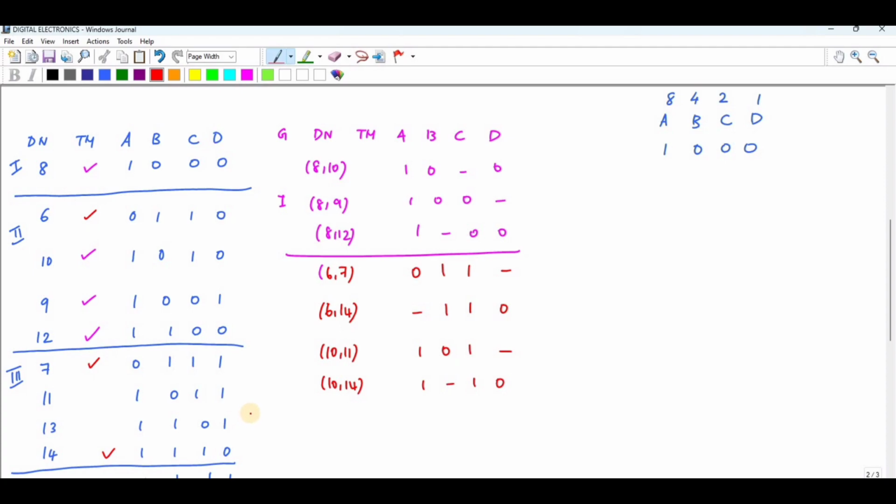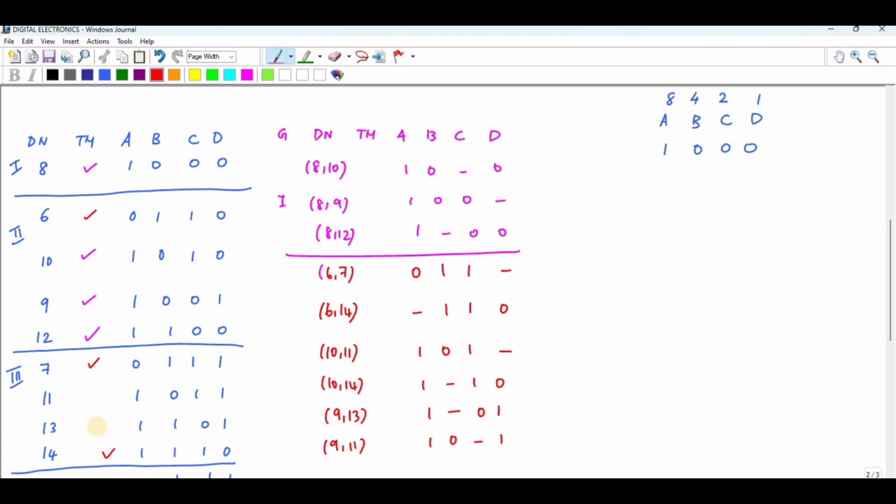Next, 9 and 13, 1 dash 0 1. Next, 9 and 11. If I choose 9 and 11, we'll get 1 0 dash 1.